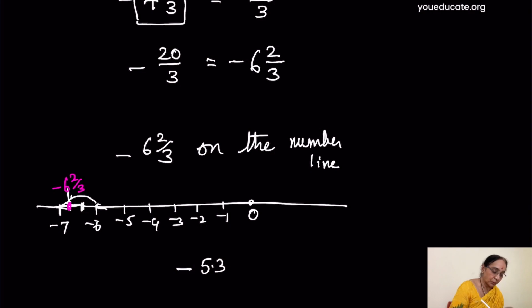Let us take fractions for now. If I take negative 5 and 1/3 or 1/4, say, this will lie between negative 6 and negative 5.